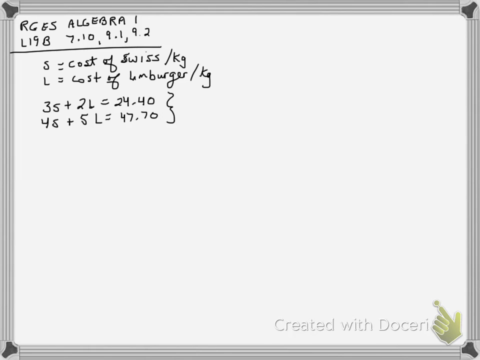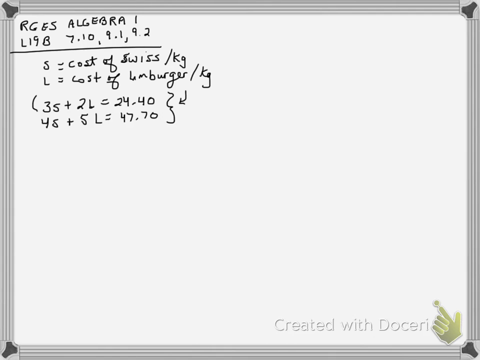They tell you that you have 3 kilograms of Swiss plus 2 kilograms of Limburger equals $24.40, and 4 kilograms of Swiss plus 5 kilograms of Limburger equals $47.70. Remember my brace over here is indicating that I need to solve these equations simultaneously.